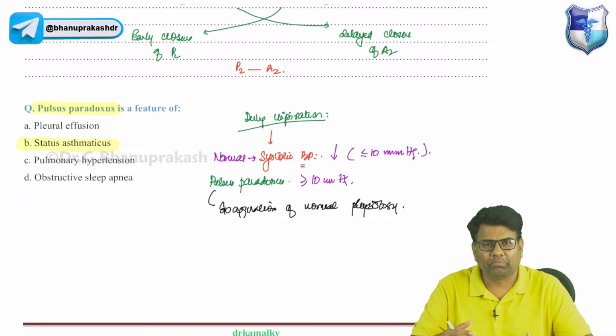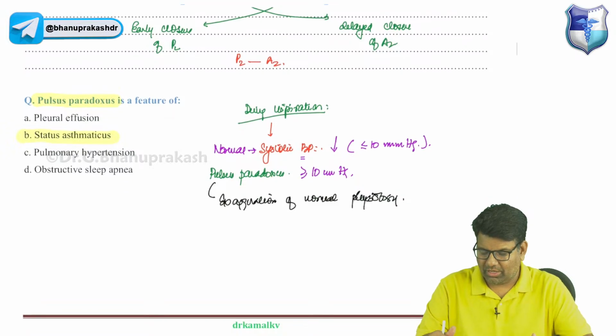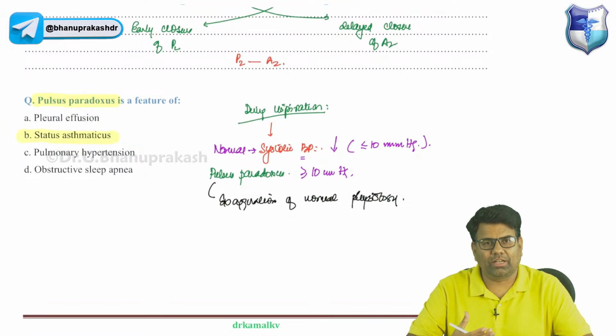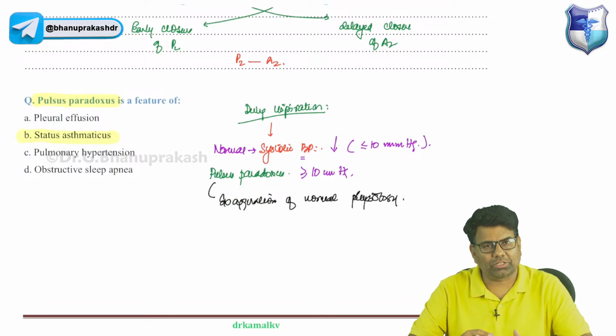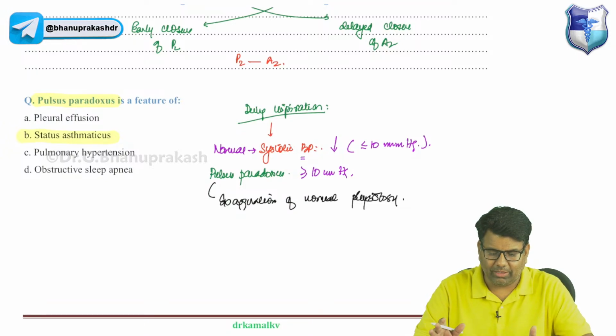The paradox is that whenever you auscultate a heart and you can hear heart sounds, you must be able to feel the pulse. But pulsus paradoxus is an entity where you will be able to auscultate the heart, but you won't be able to feel the pulse. That is the paradox, because the normal teaching is that whenever there is a heartbeat, there has to be a pulse. But in this case, you can auscultate the heartbeat, but you won't be able to feel the pulse. So that's why we use the word paradox here.